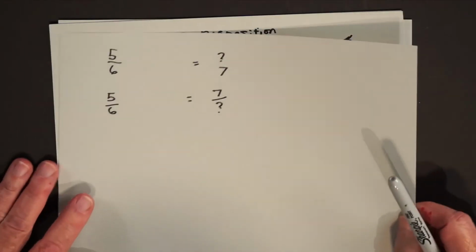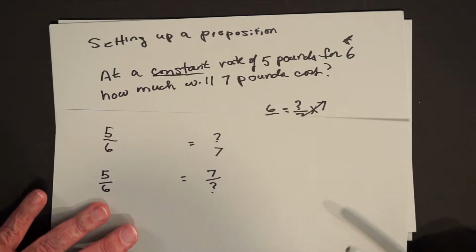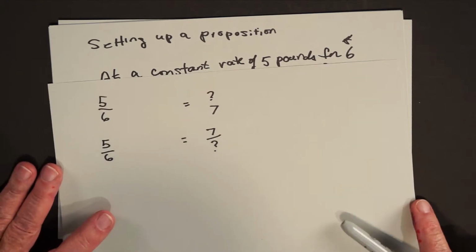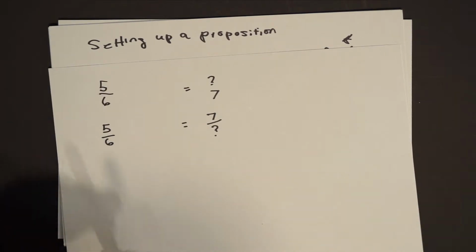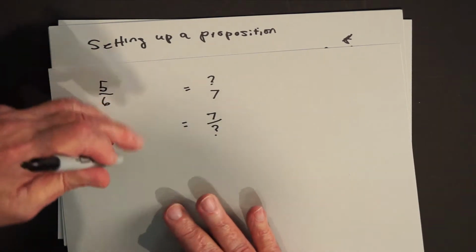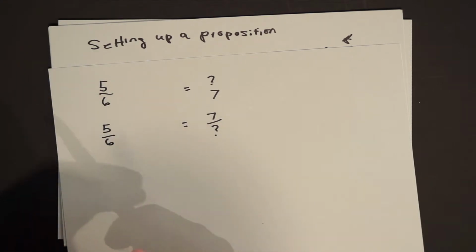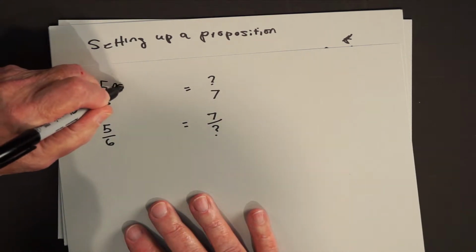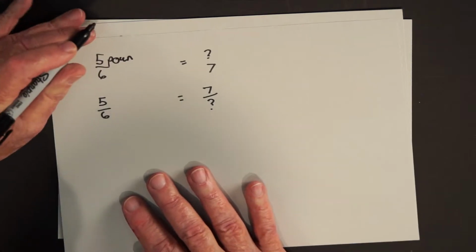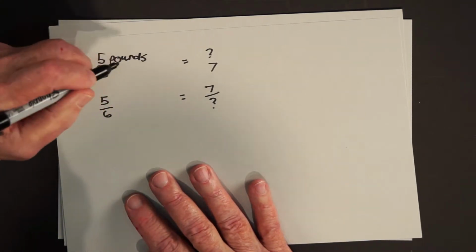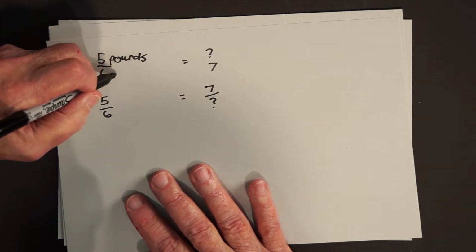Now, what I wanted to show you in terms of the adjective noun theme is what this really means. The 5 and the 6 here weren't just arbitrary numbers. The 5 was modifying pounds, and the 6 was modifying dollars.